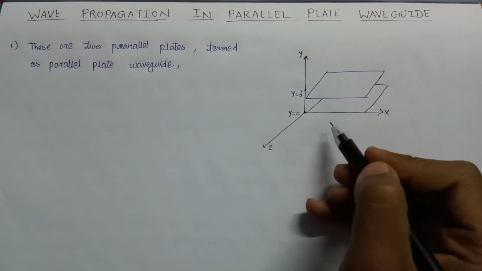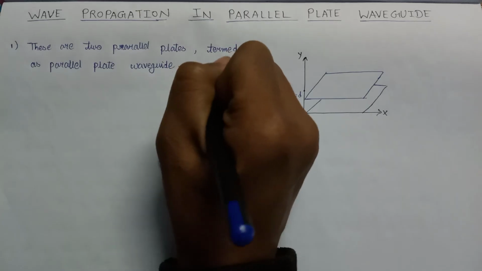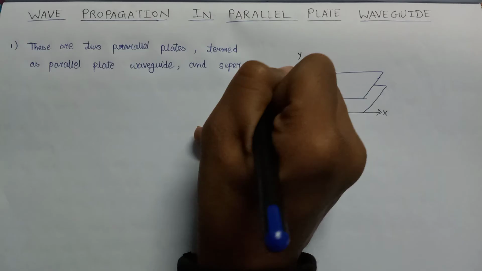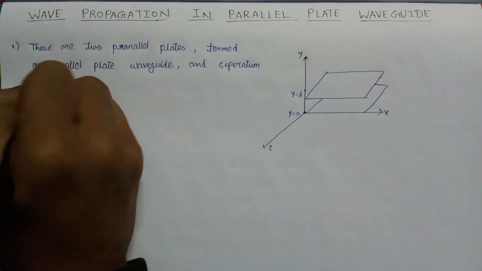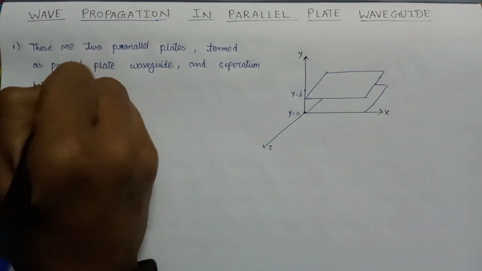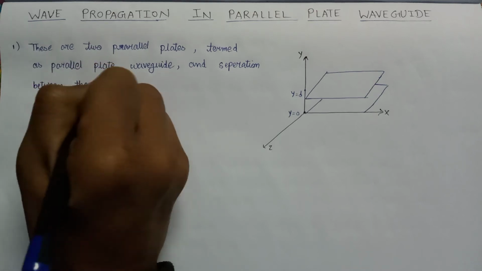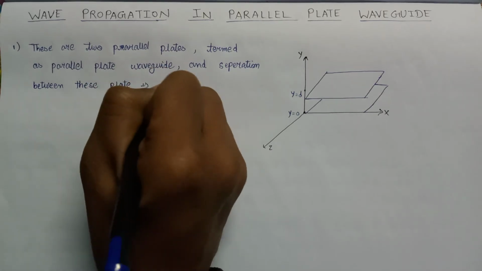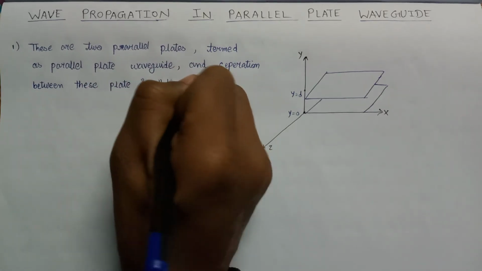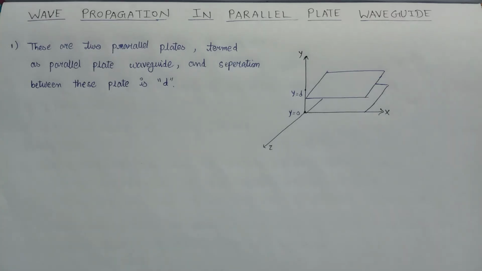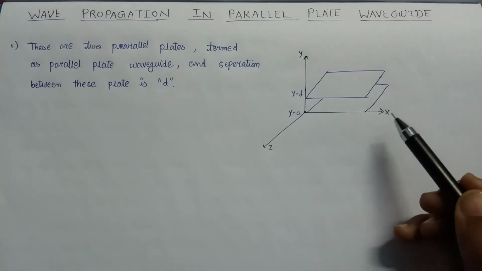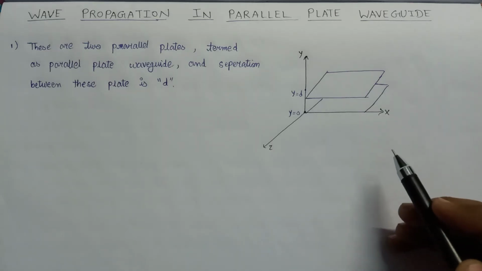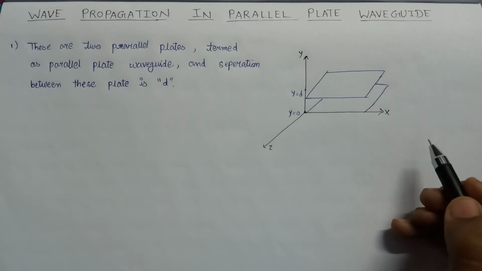And the separation between these two plates is d. Now these two plates are separated by a dielectric material, having the permeability equal to mu and the permittivity equal to epsilon.